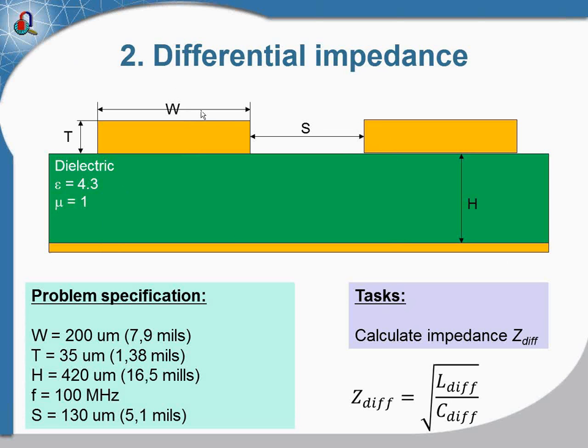Dimensions of the board and of the conductors are the same as in the previous example. The distance between traces is 130 micrometers. And our task is to calculate the differential impedance of this transmission line.